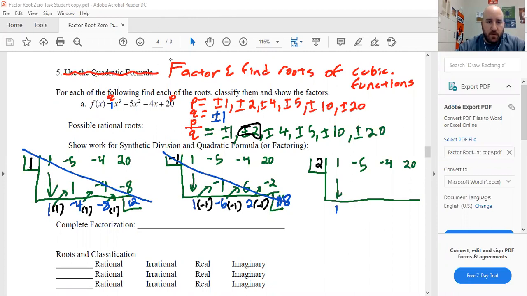Actually, I got a 36 too. My daughter's 1 times my black 2 is 2. -5 and 2 is -3.